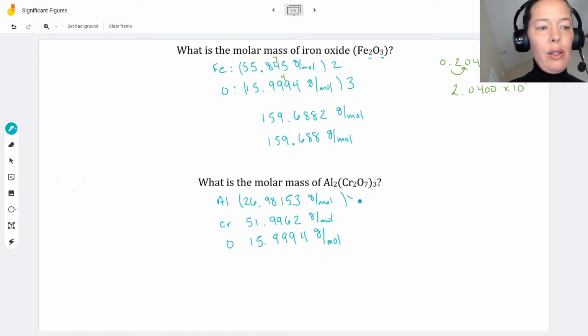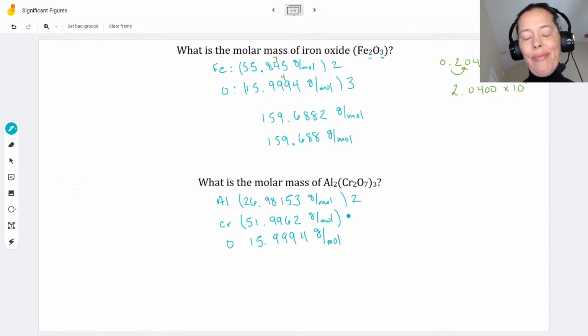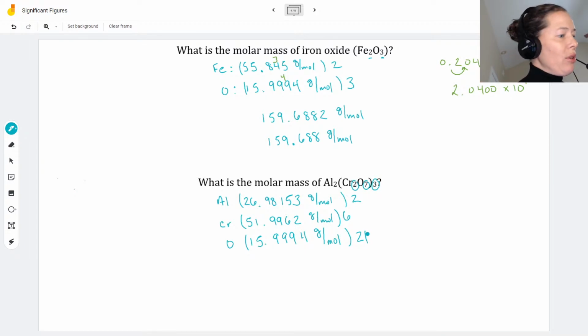Now this one's got a lot of multipliers here. So my aluminum is going to be times 2. My chromium, this is just going back to calculating molar mass, so remember that 3 is a multiplier to that 2. So I'm actually going to multiply it by 6 here. And my oxygen is 3 times 7 or 21. So this is a molecule that has a very large molar mass.